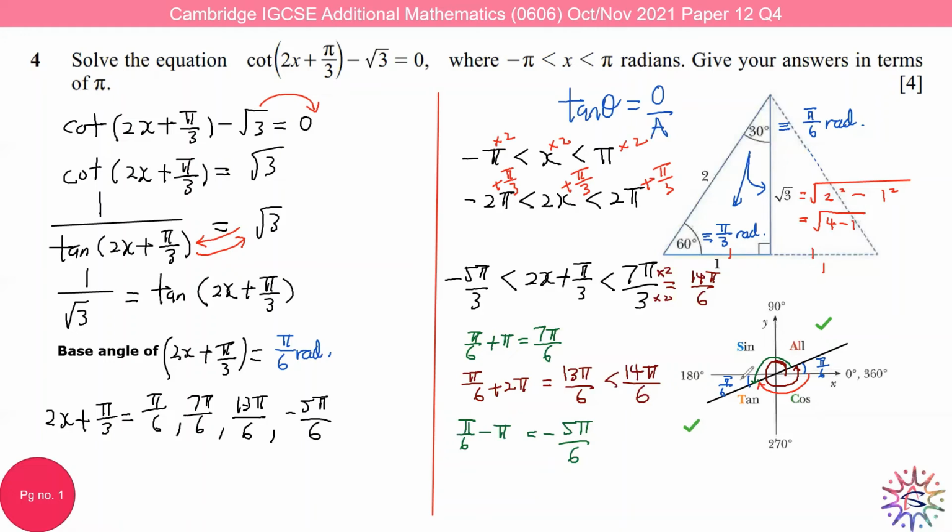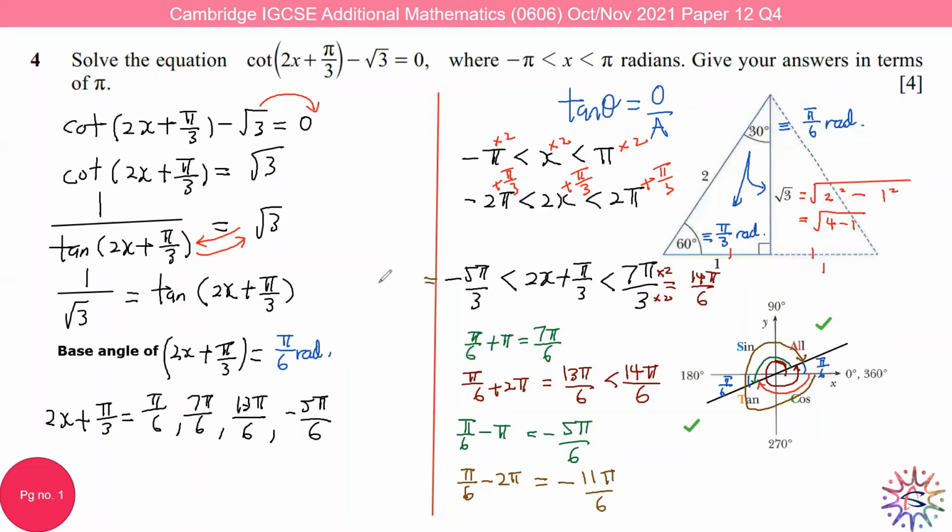And next, we will check whether the negative of the fourth quadrant is within the range or not. So the negative angle of the fourth quadrant is equal to negative 2 pi plus pi over 6. So that will be equivalent to negative 11 pi over 6.